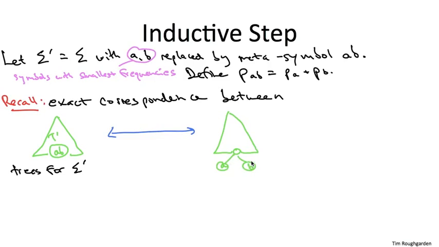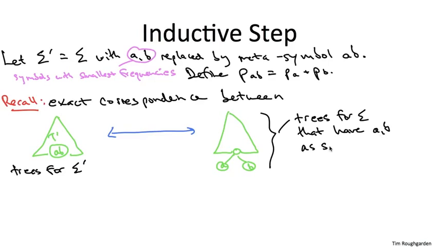Therefore, there's a one-to-one correspondence between, on the one hand, trees whose leaves are labeled with the symbols in sigma prime, so there's no leaf labeled a, no leaf labeled b, there's instead one labeled ab, and on the other hand, trees for the original alphabet sigma in which the symbols a and b are siblings, in which they have exactly the same parent.